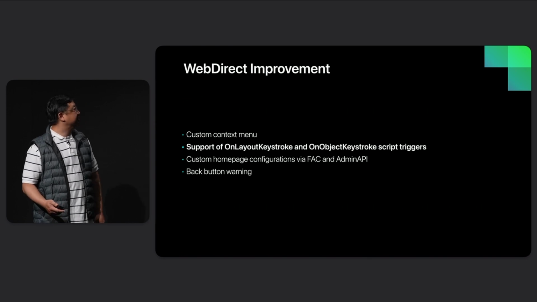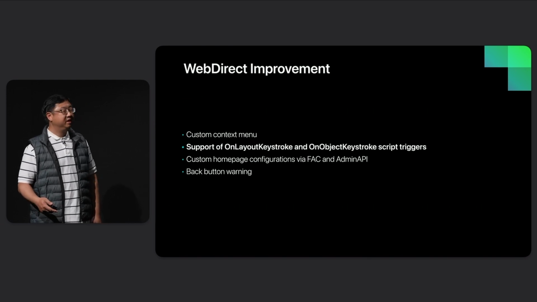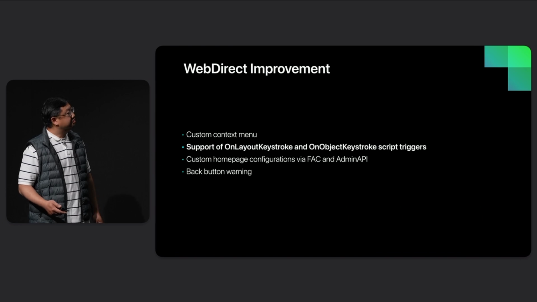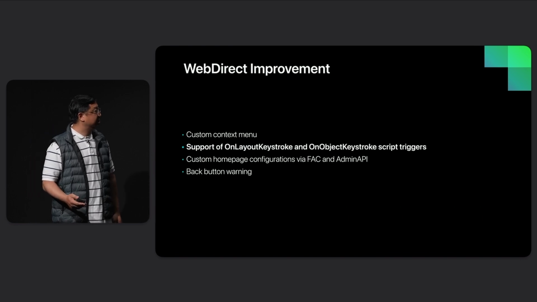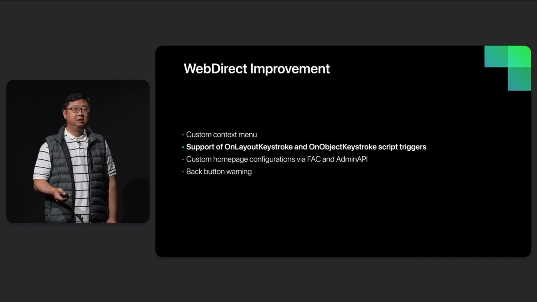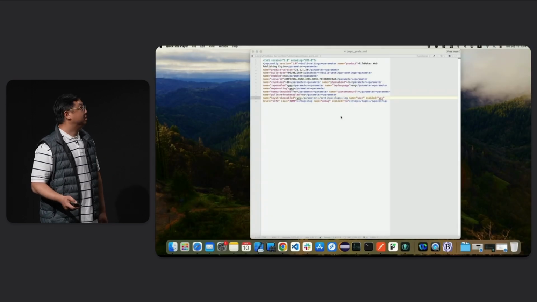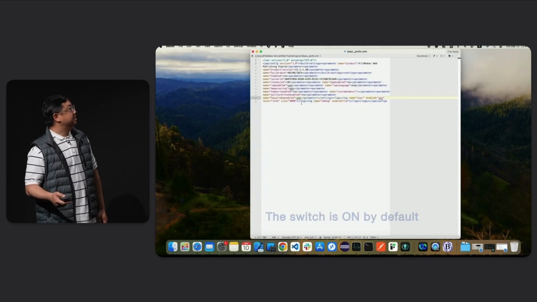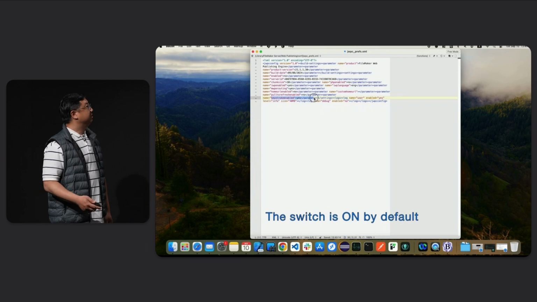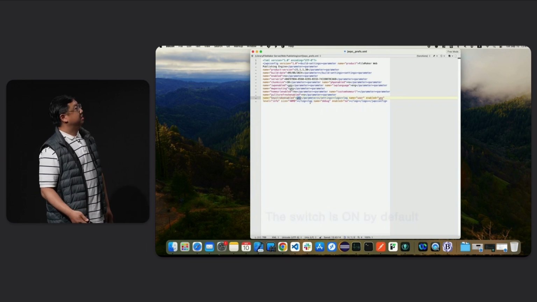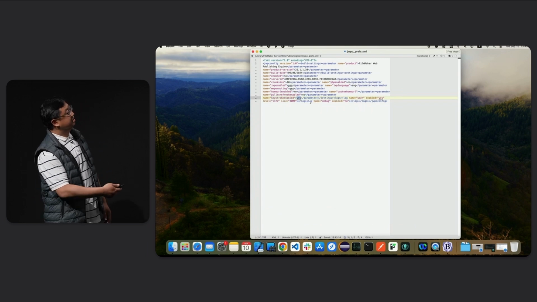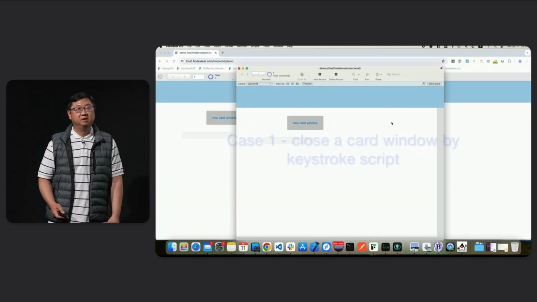The next improvement is the support of on-layout keystroke and on-object keystroke script triggers. This feature is implemented and enabled by default in WebDirect. You can disable it in the JWPC config file.